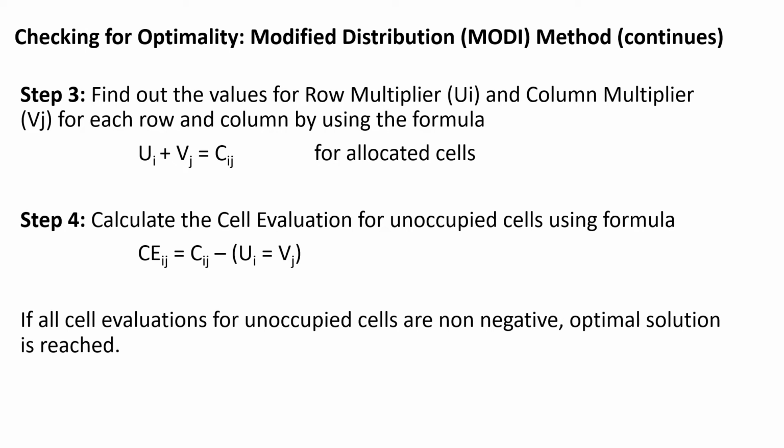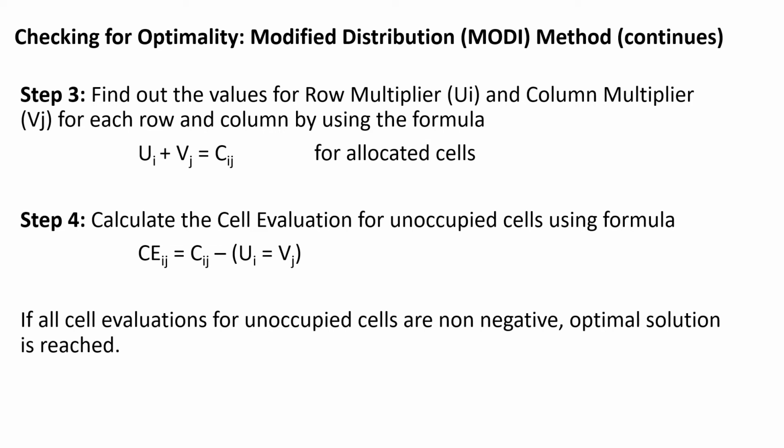First we have to calculate the ui and vj's equal to cij, and that formula is valid only for the allocated cells. Once you get the values for all ui and all vj's, next you have to calculate the cell evaluation for the unallocated cells.